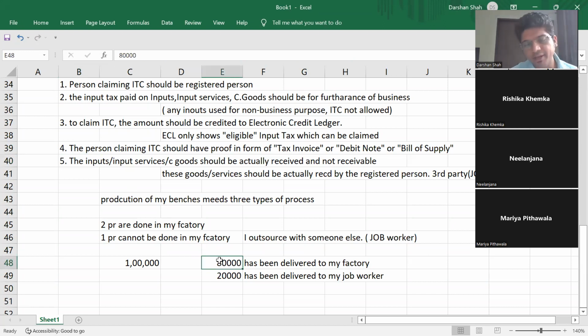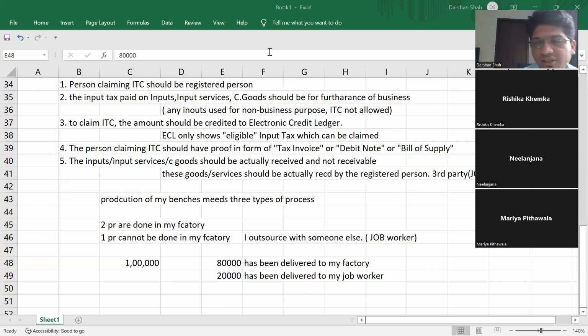So 80,000 I have actually received, so I can claim ITC on that. 20,000 I have not received, but can I still claim ITC on that? Yes. Why? Because it has been received by a third person on my behalf, by my job worker, and this 20,000 is going to be used for my furtherance of business. So I can claim ITC on both material received by me or material received by a job worker on behalf of me.